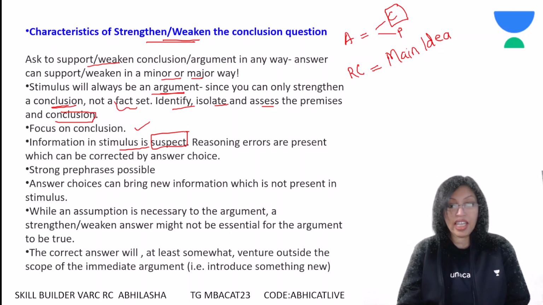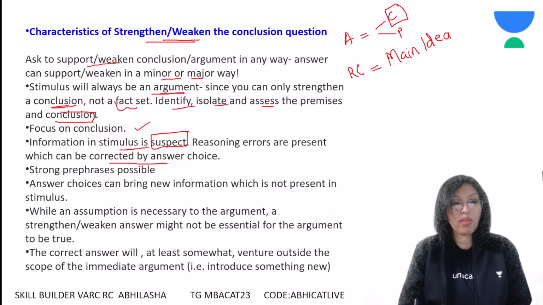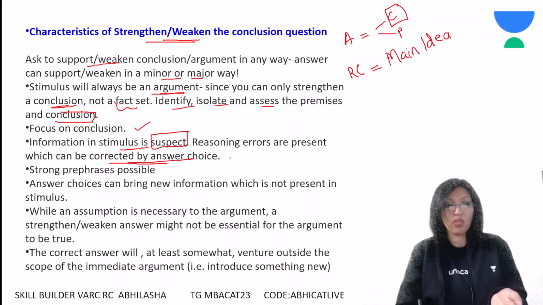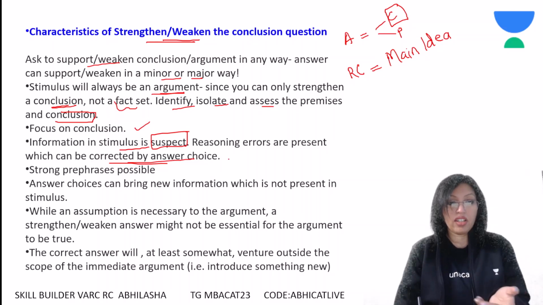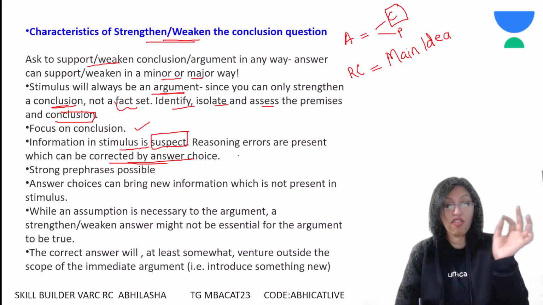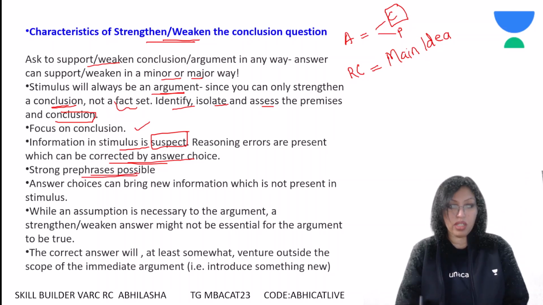There are reasoning errors which are present, which can be corrected by the answer choice. And therefore the correct answer would possibly be where the reasoning flaws are spotted. Strong prephrases are possible. The answer choices can bring in new information which was not present in the stimulus.